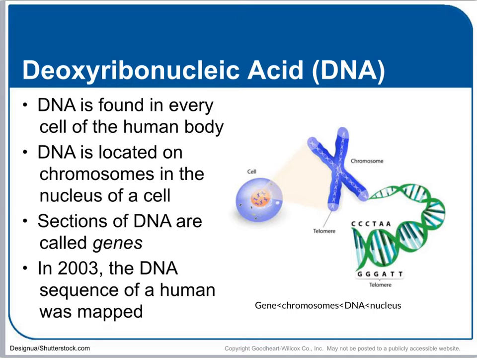And then sections of DNA are called genes. So you can see here on the bottom that I highlighted genes are part of chromosomes, chromosomes are part of DNA, and DNA is found in the nucleus. Back in 2003, the DNA sequence of a human was mapped. This is the Genome Project.